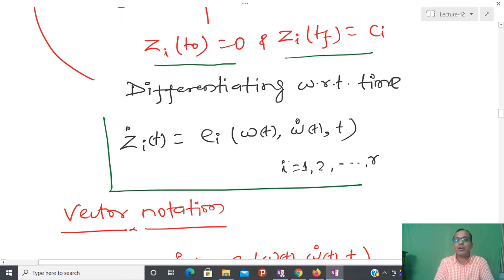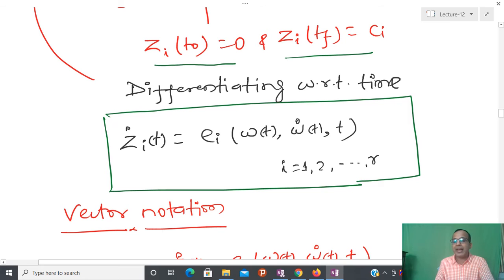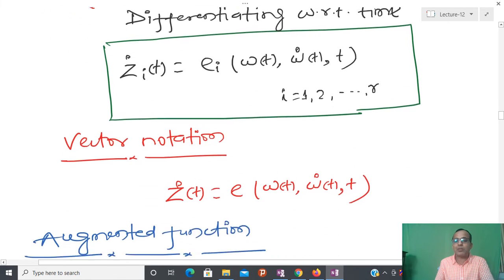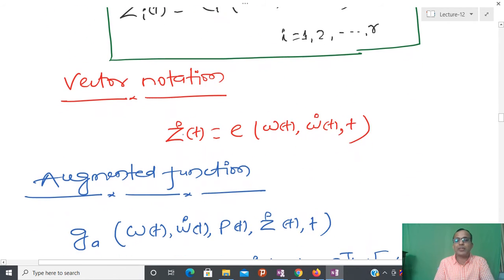Now if you represent this differential equation in vector or matrix form, z is a column vector z1, z2, z3 up to zr, and e is also a column vector e1, e2, e3 up to er. In this way I can represent the integral constraint, or isoperimetric constraint, in differential form.